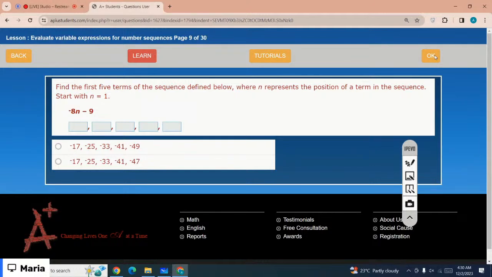Okay, negative 17, negative 25, negative 33, negative 41, negative 49. So which is the correct option? Yes, that is option number 1.